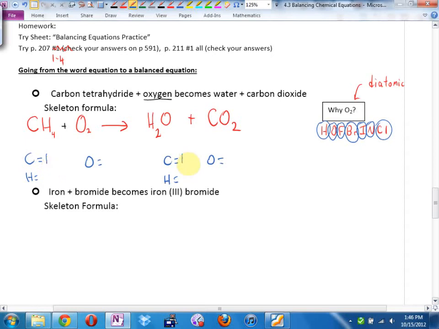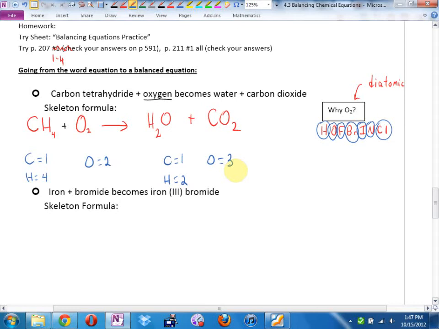Well, no, we got to check more. How many hydrogens are on the left? 4. How many hydrogens are on the right? How many oxygens are on the left grand total? 2. How many oxygens are on the right grand total? Count carefully. 3. Are we balanced? Nope.